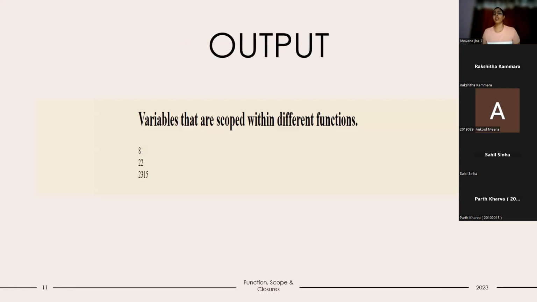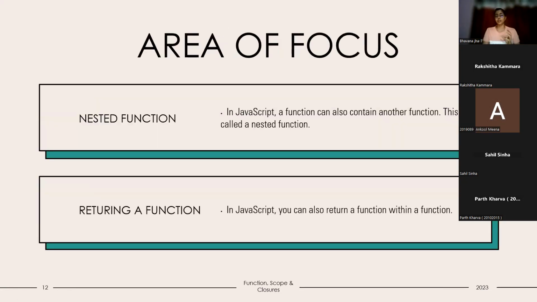So let's move on to our next topic, that is closure. Before understanding what closure is, we have to understand two things: what are nested functions and what is returning of functions in JavaScript. Nested function is when we have an outer function, and we call another function inside the function, then it is called a nested function.